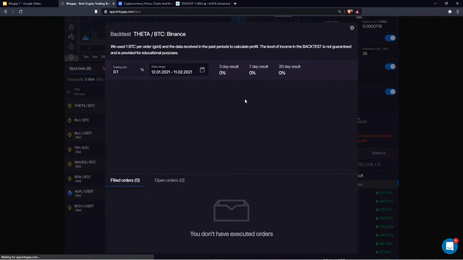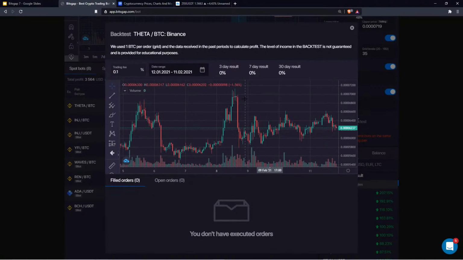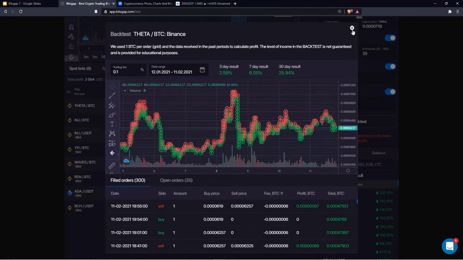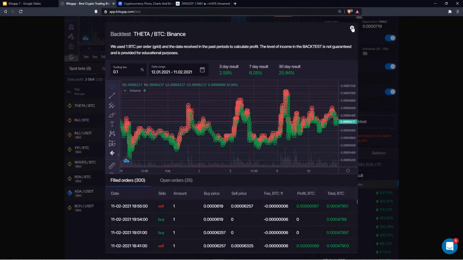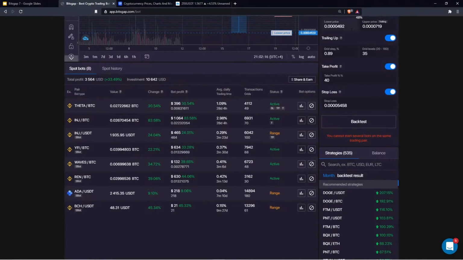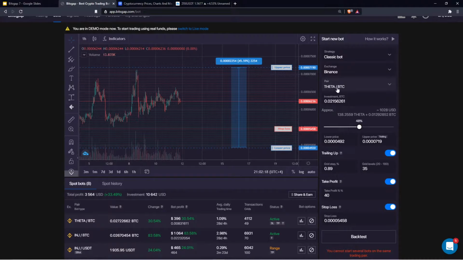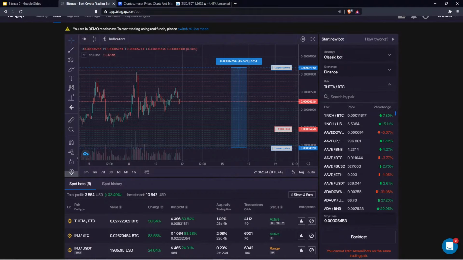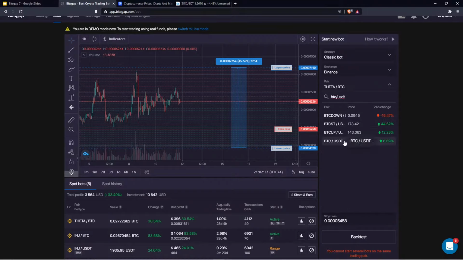You have the backtest tool to stress test any strategy that you're up to, and you can compare different strategies with one another. You can actually launch several bots on one crypto, and here's the trick. Since you can only launch one bot per crypto pair, for example for BTC to USDT, you can launch only one bot.